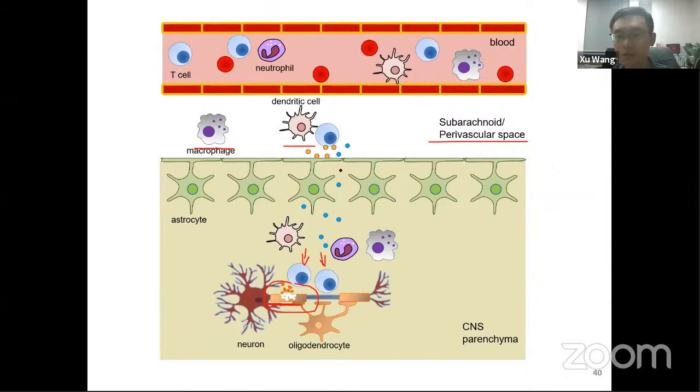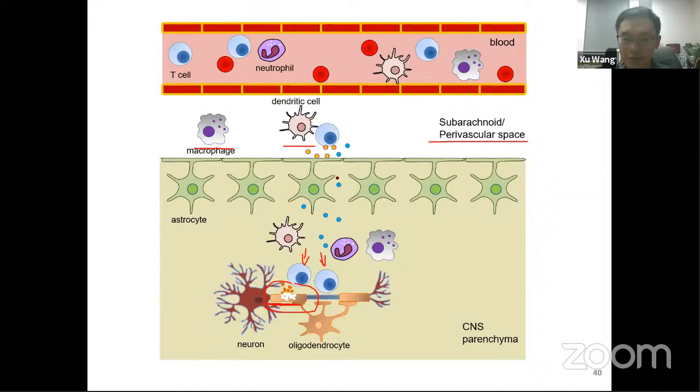Because OTUB1 deficient or astrocyte-specific OTUB1 knockout mice developed more severe EAE than control mice, is it possible that this is caused by the increased chemokine production by OTUB1 deficient astrocytes?